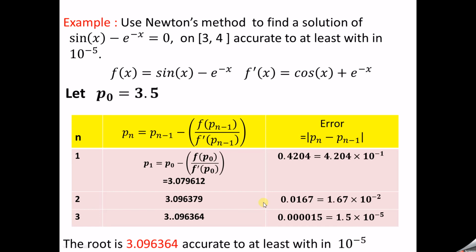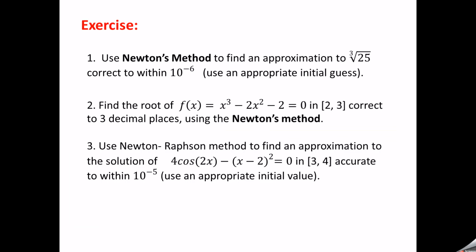So this is how we find the root using the Newton-Raphson method, or simply Newton's method. Here there are some problems for you. You can try to do those. In the exercise, the first one: use Newton's method to find an approximation to the cube root of 25.